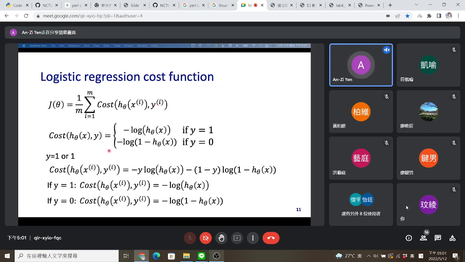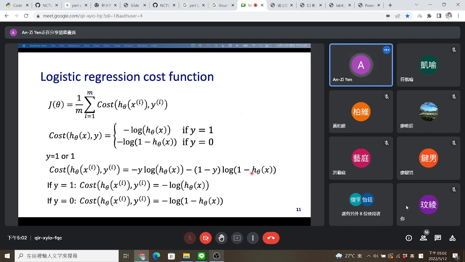We can write the cost function on two separate lines for two separate cases, y equals 1 and y equals 0, but we can compress these two lines into one equation, and this makes it more understandable to write out the cost function and derive gradient descent.